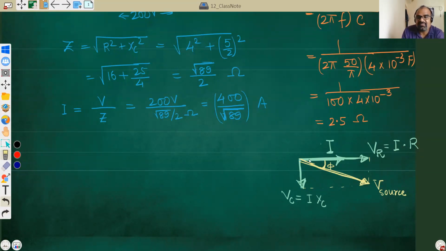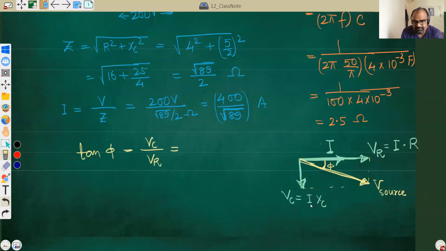So how will we find this phi? Well, in this triangle, tan phi will be this perpendicular by this base. This perpendicular is nothing but VC, and this base is nothing but VR. Clear? So tan phi is equal to VC by VR.